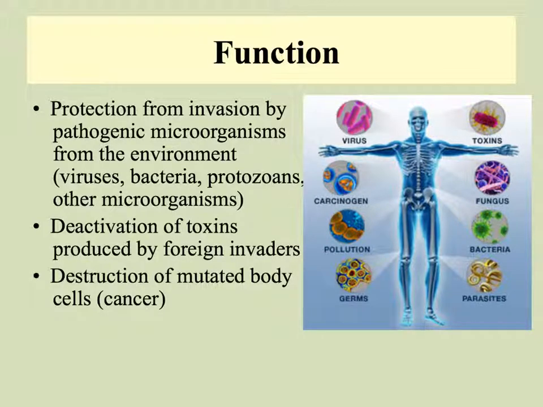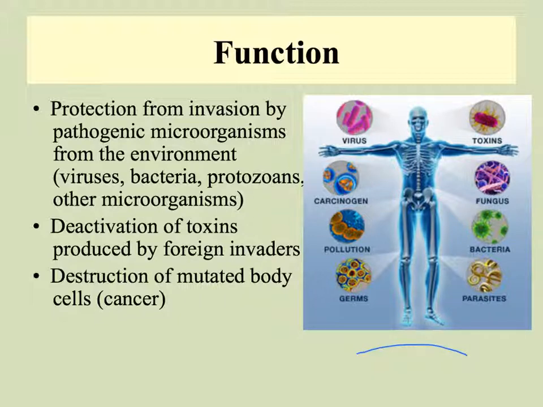The function of the immune portion of the lymphatic system is to protect our body from invasion by different pathogenic microorganisms. So we have some examples over here in this illustration: viruses, bacteria, the toxins that bacteria produce, fungi, parasites, just the germs in general that we don't want to have in our body.